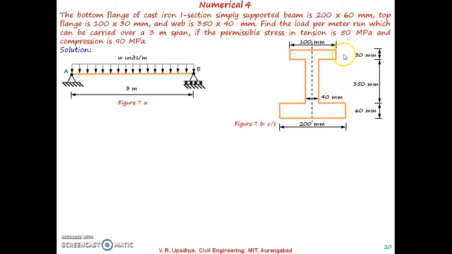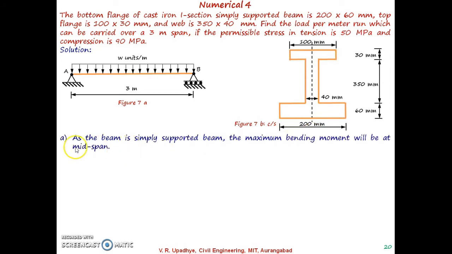So 350 is its depth and 40 mm is its thickness. So that is drawn over here, and then it is said that top flange is 100 by 30 mm. So it is again shown over here. Top flange 100 mm width and 30 mm depth. So that is shown over here in the second diagram. So that cross section is drawn.